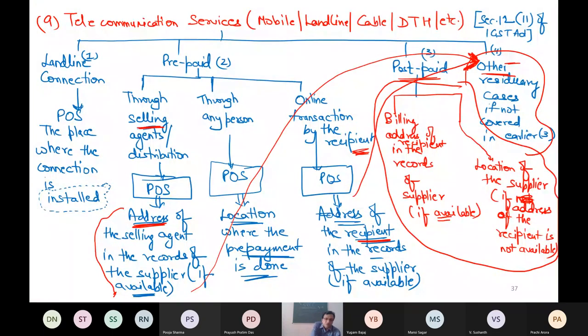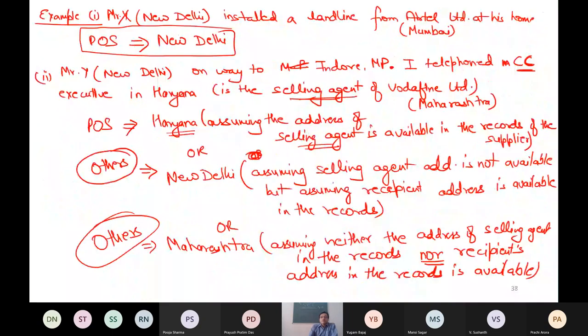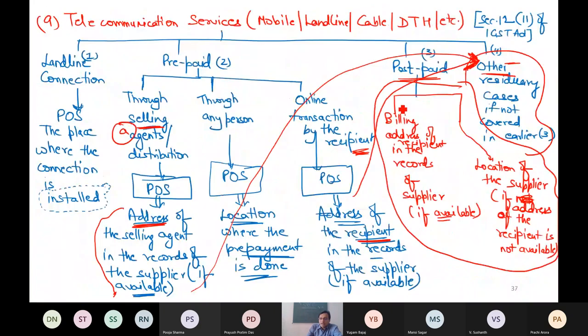By default, postpaid is also covered, because this same rule is applicable for postpaid connections. So in a single example I have covered 5 different categories. Which are those 5 categories? I have covered this category in that example, this category for postpaid, this category for others.